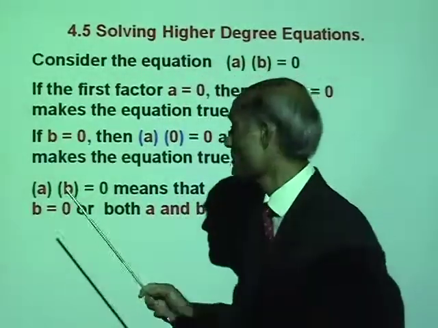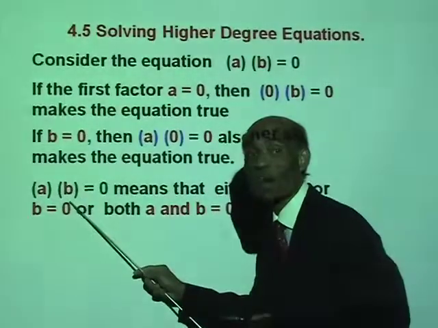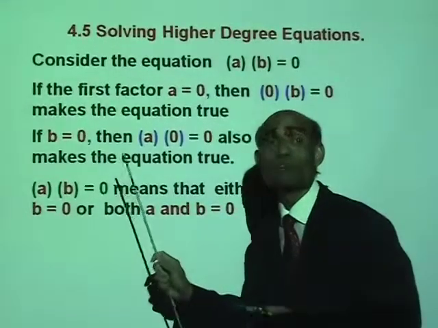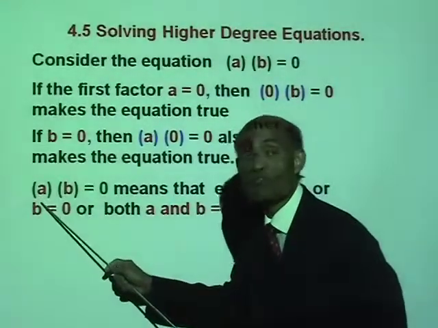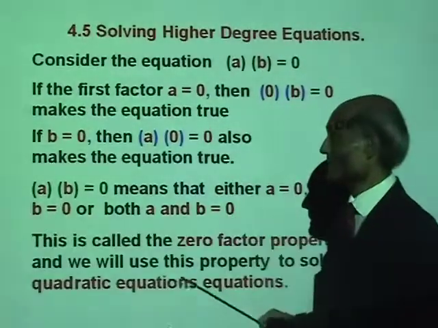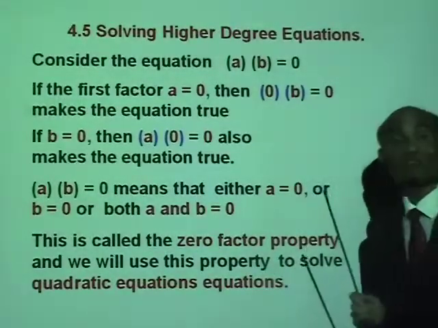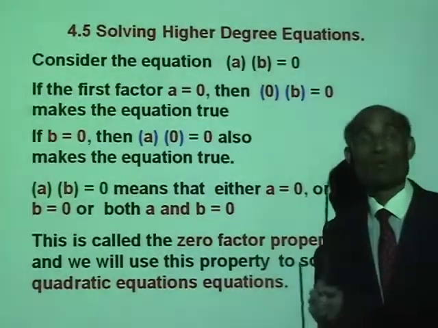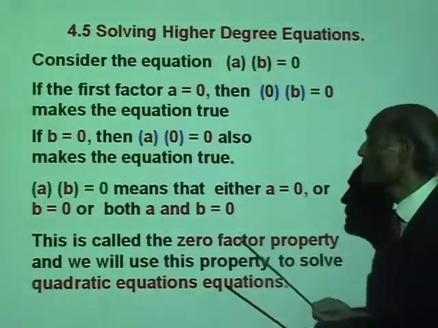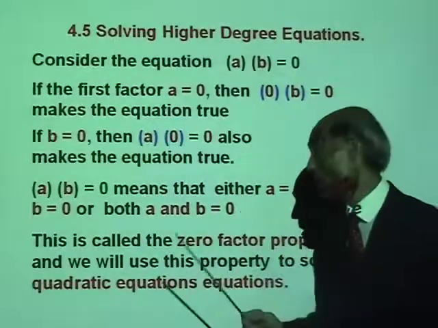So once again, if one factor multiplied by another factor is given to be equal to 0, it means that each of the factors can be equal to 0. Now, this is called the zero factor property. Now, we are going to use the zero factor property to solve equations that are of higher power.